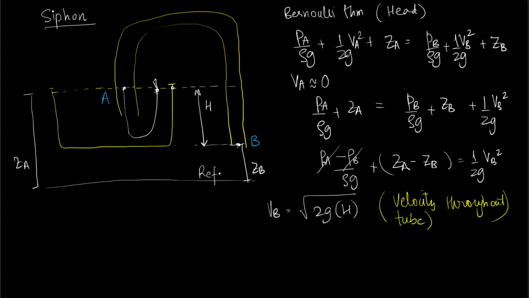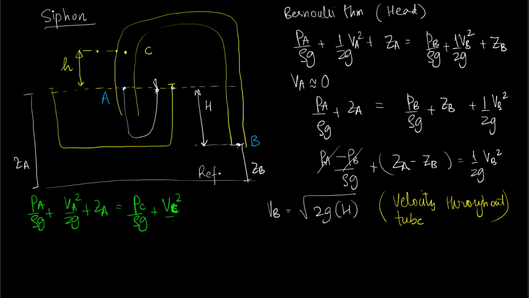So let us now consider a random point, let's call it C, which is at a certain height small h above the surface of the water. Let us apply Bernoulli theorem between points A and C. So PA upon rho g plus VA squared upon 2g plus ZA is equal to PC upon rho g plus VC squared upon 2g plus ZC.